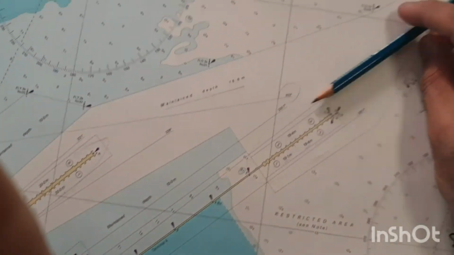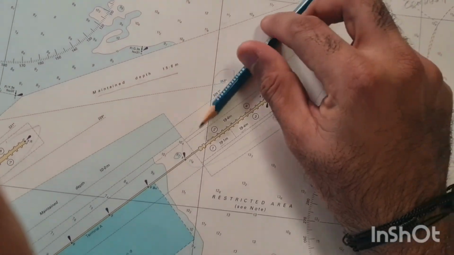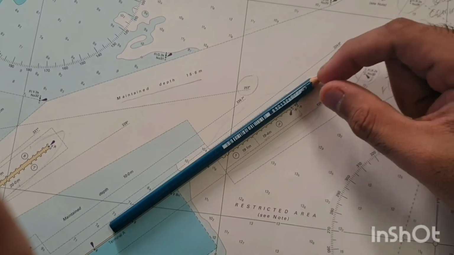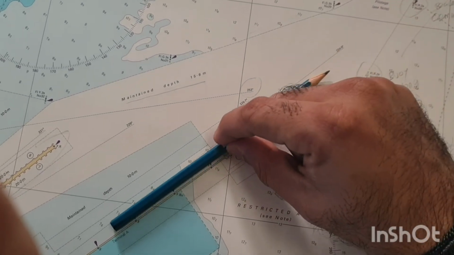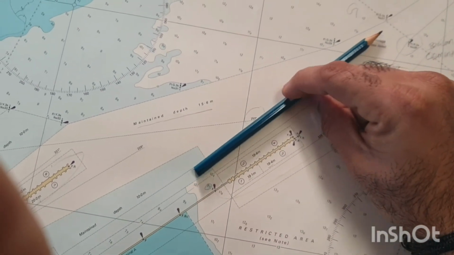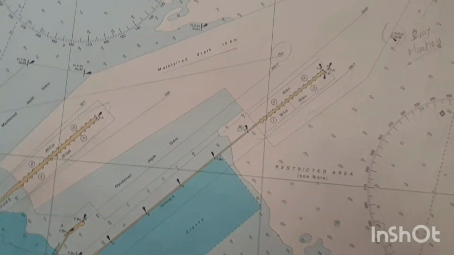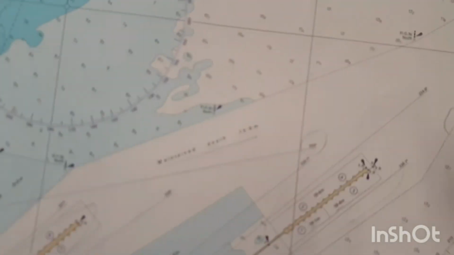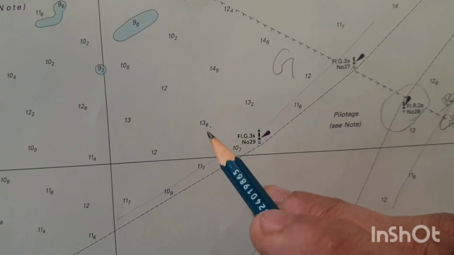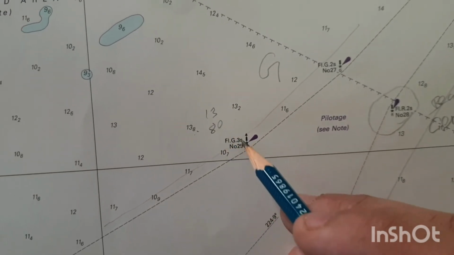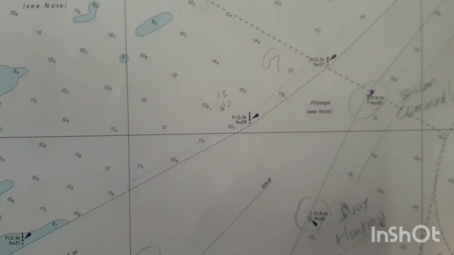As the ship comes in, this will turn around and berth alongside, and once the loading is completed, they will move the ship out and it will proceed into the buoyed channel. Turning a ballasted ship is easier than turning a loaded ship. This depth marking 13 by 8 indicates 13 meters and 80 centimeters.